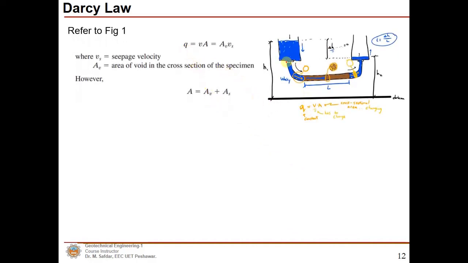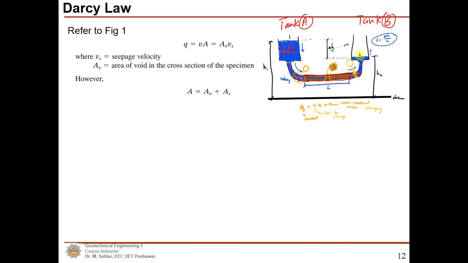Now let us take another example, that we are having a tank A and tank B, and if we pour water into that tank, the flow will occur, and this is the soil element which we placed in this pipe.